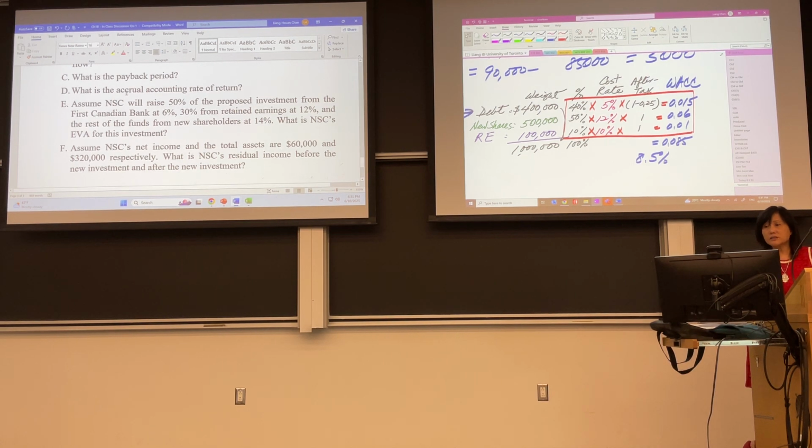And that costs you 12%. This is the rate, okay, cost. The rest of the funds, which is 20% left over, you raise money from new shareholder at 14%. So what is NSC's EVA?